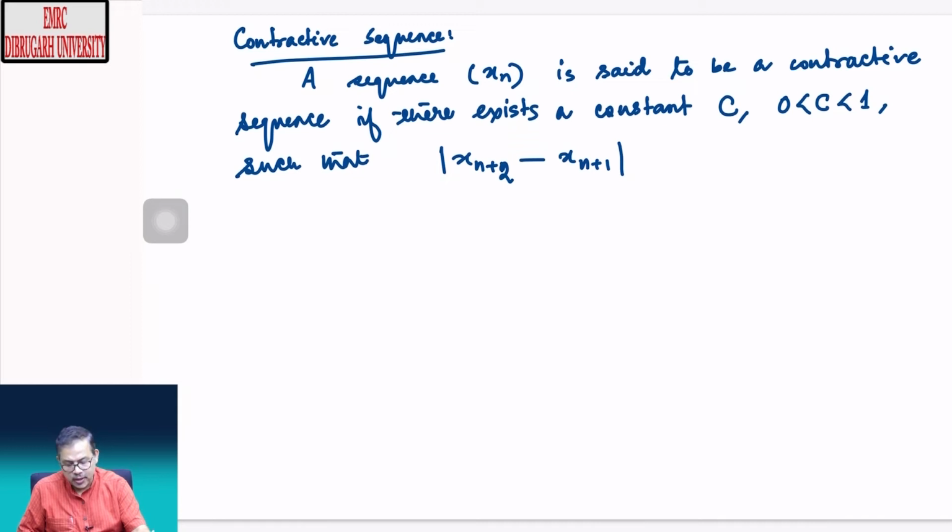The n plus 2th and n plus 1th terms, their difference is less than or equal to C into x n plus 1, the n plus 1th term minus the nth term of the sequence, for all n in the set of natural numbers.